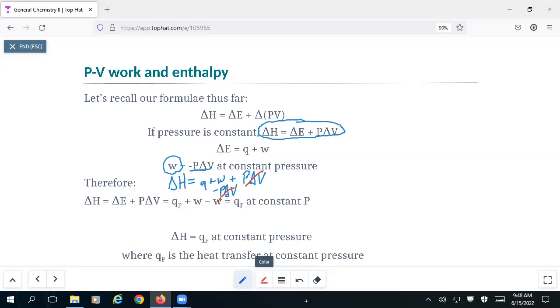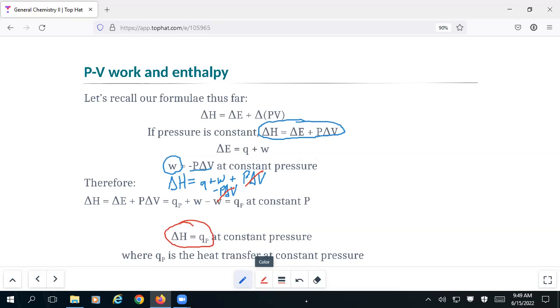That's how I am then able to end up with, if I'm at constant pressure, my delta H, my enthalpy change, is equal to the heat change in those scenarios. So that's where it comes from.